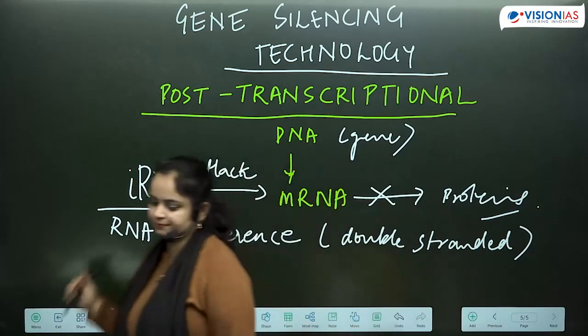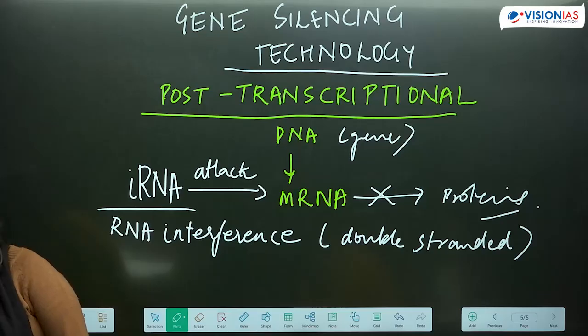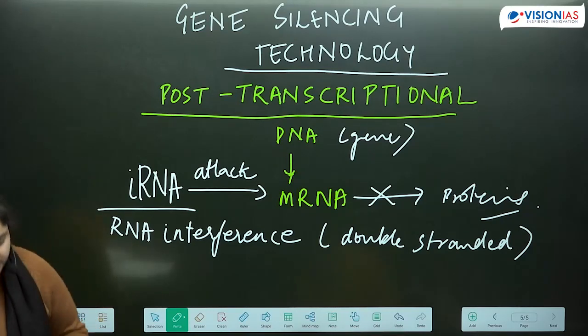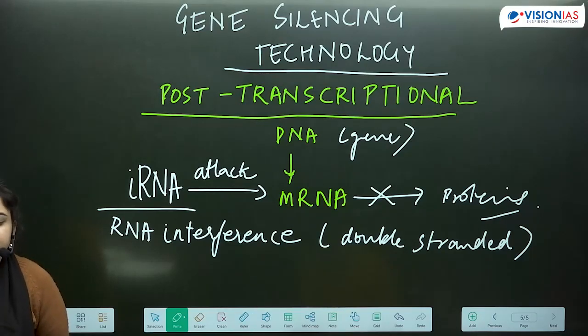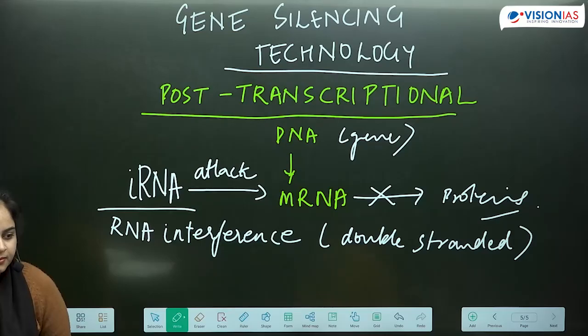Post-transcriptional gene silencing inhibits protein synthesis in target cells using double-stranded RNA interference or iRNA.